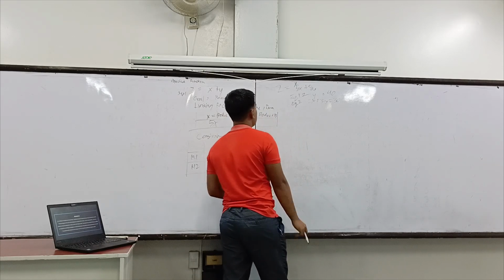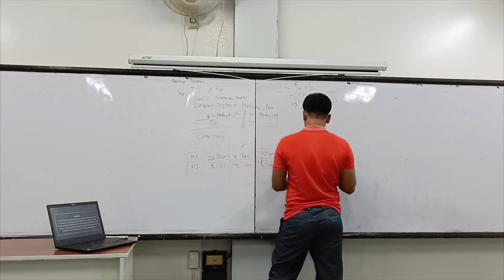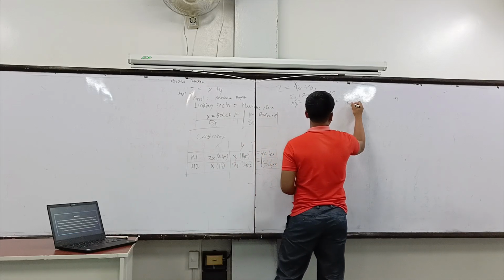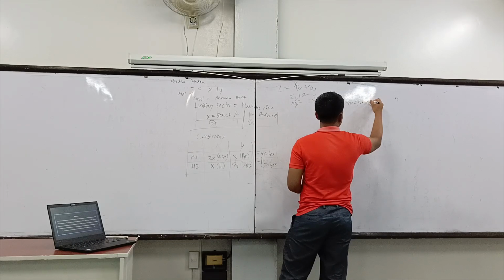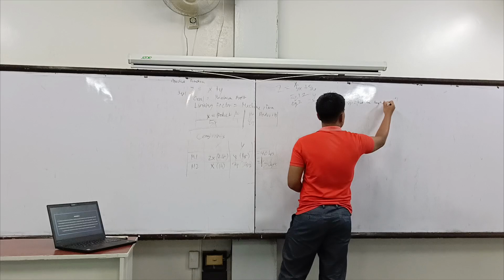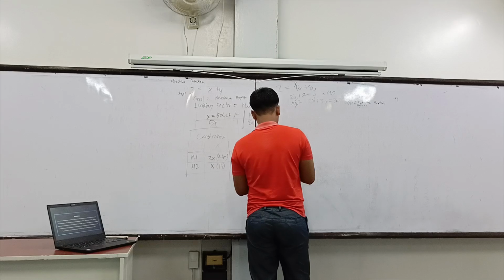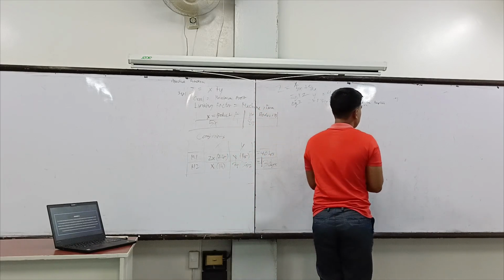Now, step 2, finding the visible region. Find the visible region of the graph.